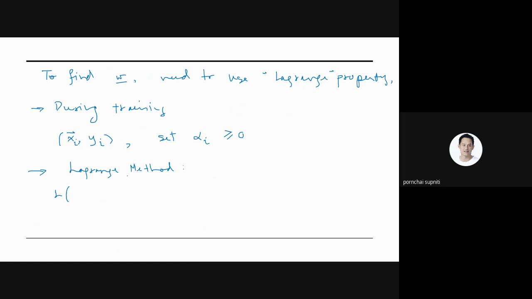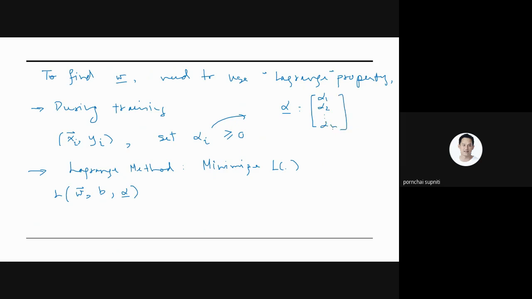So in general, we try to minimize the Lagrange function. And here, the Lagrange function is actually very similar to the cost function. It depends on the parameters, weight, bias, and also the alpha. As there can be many alpha, we can define alpha as alpha 1, alpha 2, until alpha n.